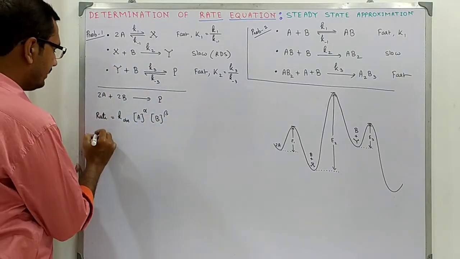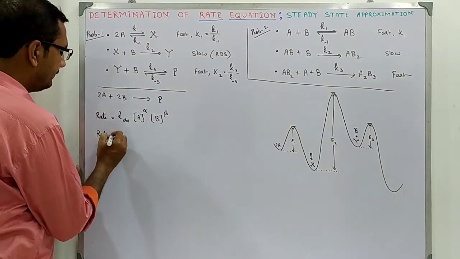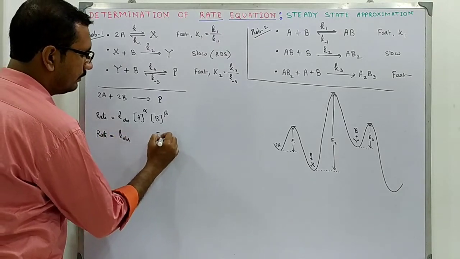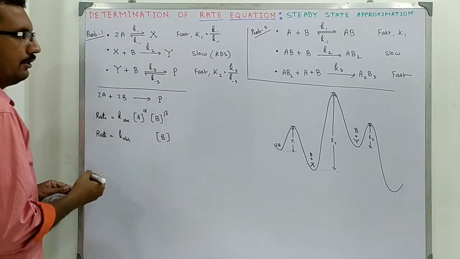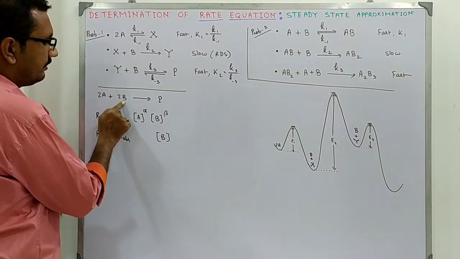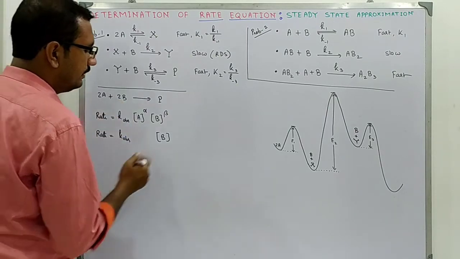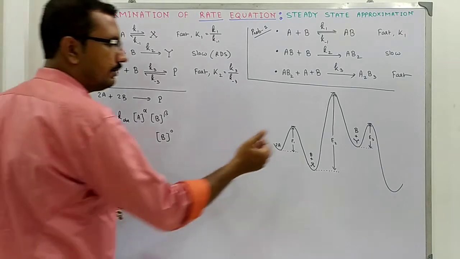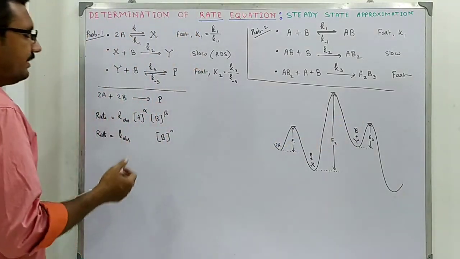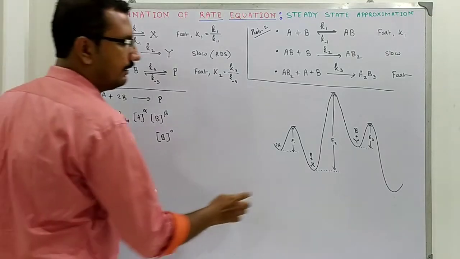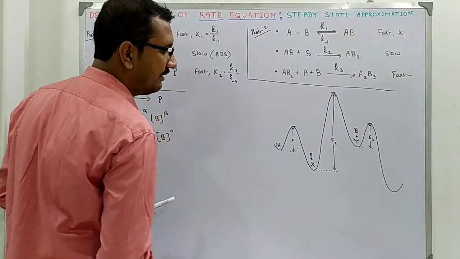So to a good approximation, we can predict that we will have order of the reaction with respect to this B to be 0. This is for the third step. Now we have another appearance of B in the second step, that has a very high activation energy.